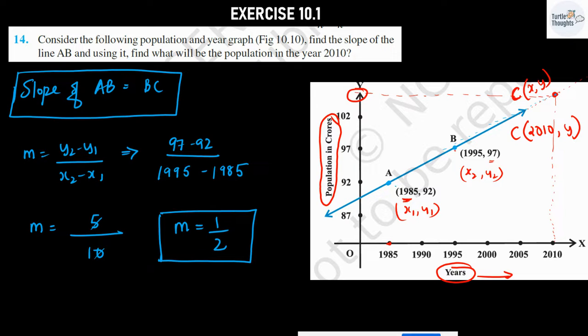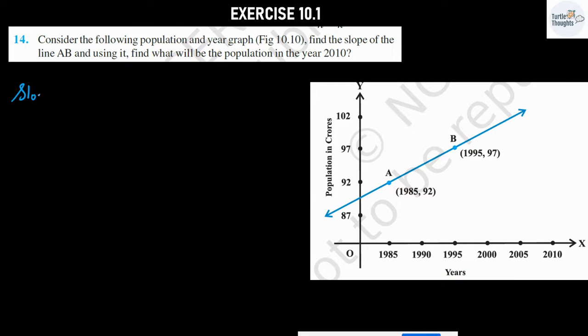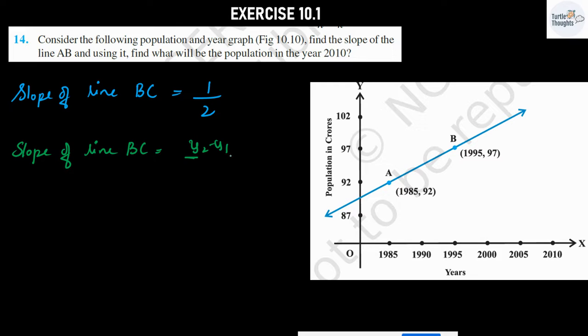Now, if the slope of the line AB is 1 over 2, I can write that the slope of line BC should also be equal to 1 over 2, right? Because it is the same line. Now I can find out the slope of line BC. The slope of line BC is again given by y2 minus y1 divided by x2 minus x1.